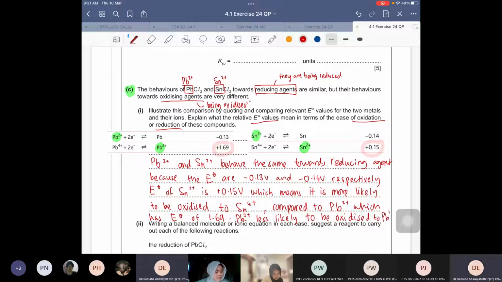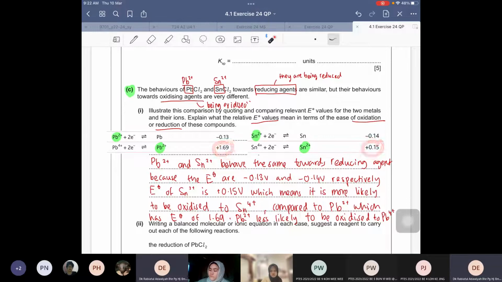So we say that Pb2 plus is less likely to be oxidized to Pb4 plus. Okay, so don't forget, the more positive your E node value is, the more likely it will undergo reduction. The more negative your E node value is, the more likely it is to go oxidation. Okay, I know that both of these numbers are not negative at all, but if we were to compare the relative values, Sn2 plus is more negative than Pb2 plus.